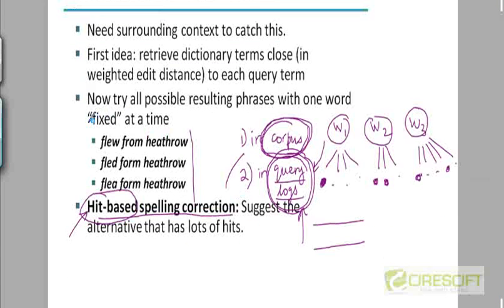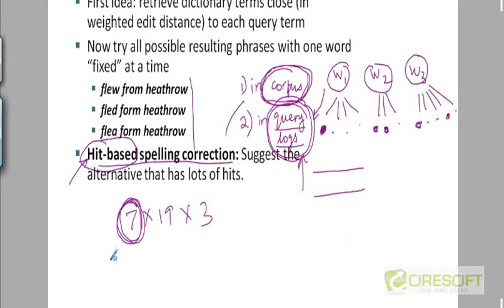Now there's an optimized version of the method that I just described, where you don't look at 7 times 19 times 3 combinations. You just enumerate the 7 suggestions for the first term, and then choose just one or two of them which have more hits than the others.